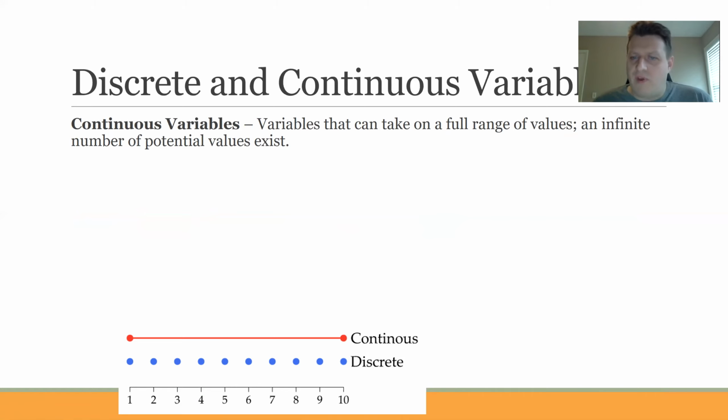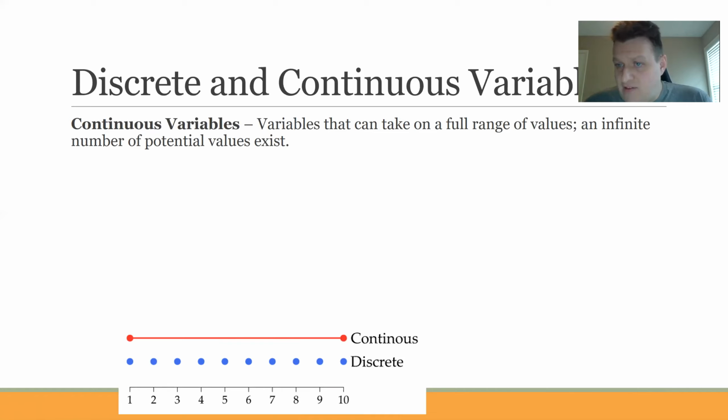Continuous variables are variables that can take on the full range of values, a potentially unlimited number of potential values. So let's say something like the temperature within the room. I mean, sure, we might say that it's 68 degrees Fahrenheit, 69, 70, 71, and those are whole numbers. But we could try to measure it more accurately, and we might have fractions of a degree.